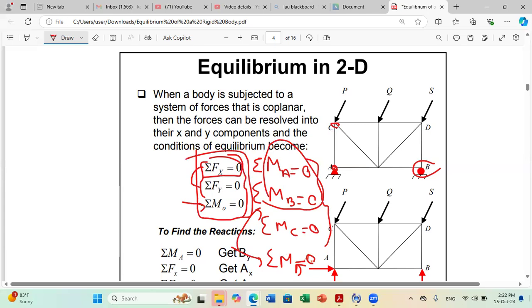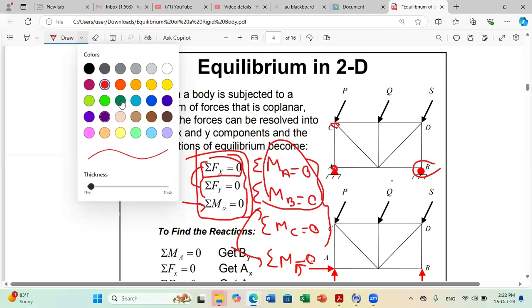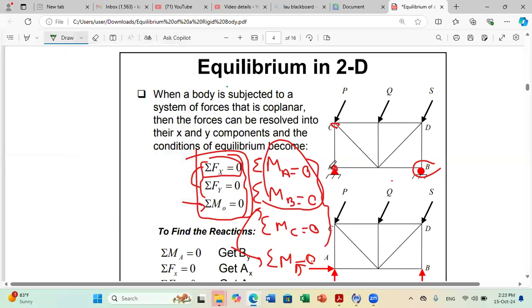Okay. Now, how to select the equations? I should select them in a reasonable way. For example, if you look at this figure, what do you have as external reaction? You have a pin at A and you have a roller at B. Because of this, a pin can develop an X and a Y. While at B, I have a roller.